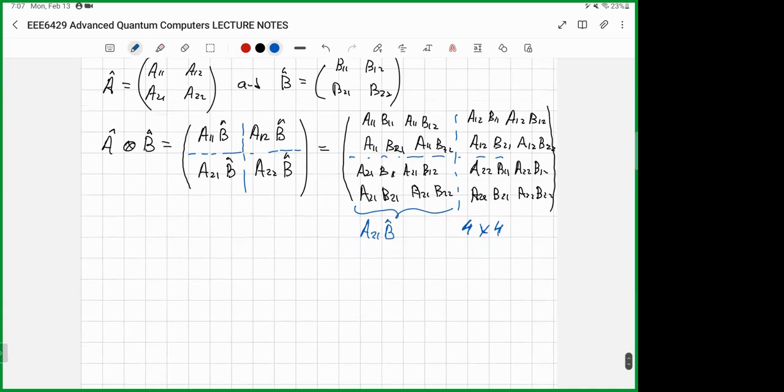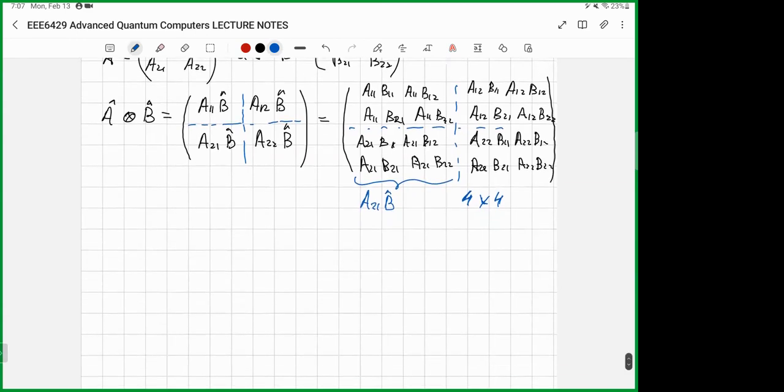The same way, the tensor product of two vectors, for example vector A and vector B. Again, this matrix product rule works. For example, these are two ket vectors, right? So I can write this as A1, A2.